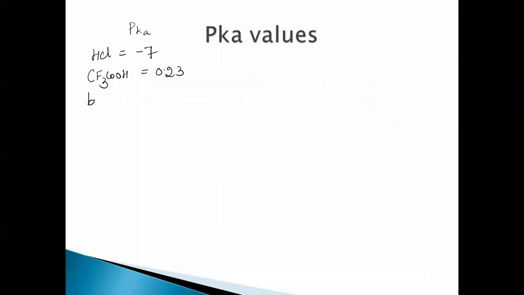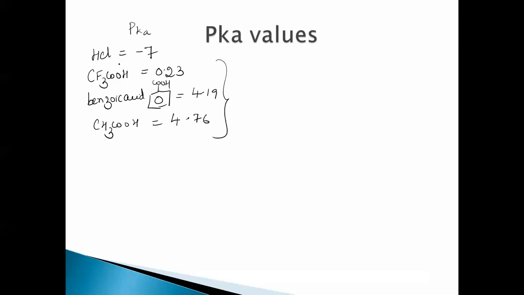Benzoic acid, which I'll write here, has a pKa value of 4.19. And the pKa value of acetic acid, CH3COOH, is 4.76. So these are the pKa values of carboxylic acids and a mineral acid.